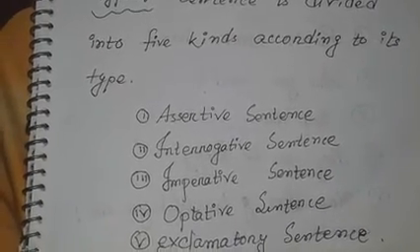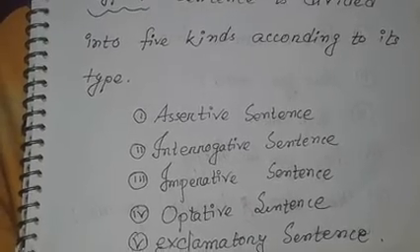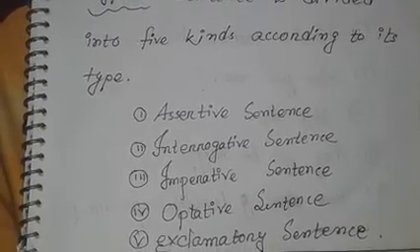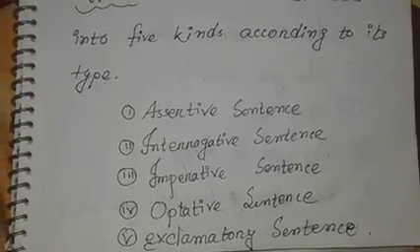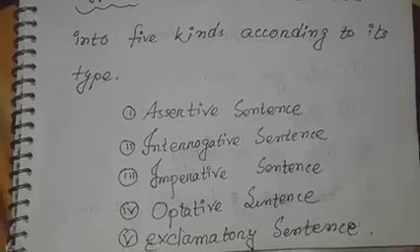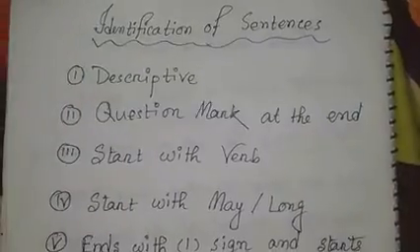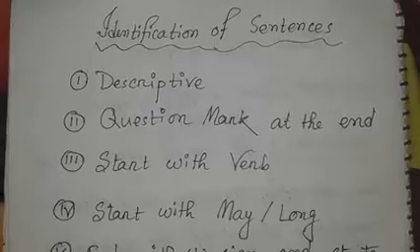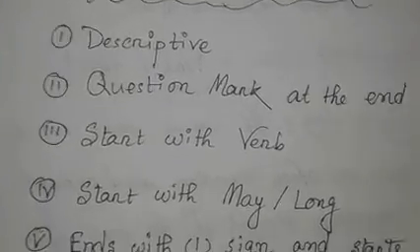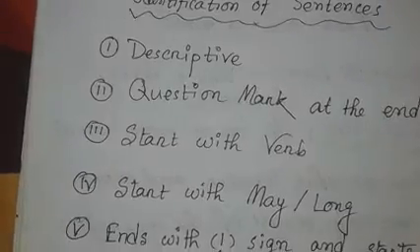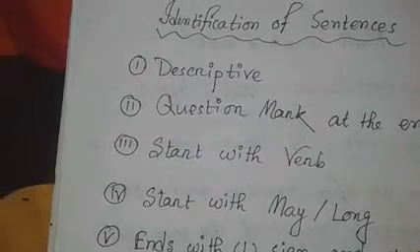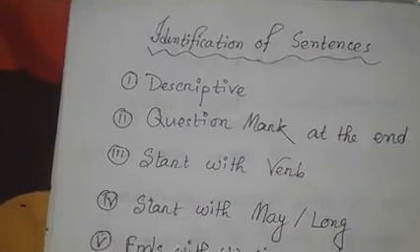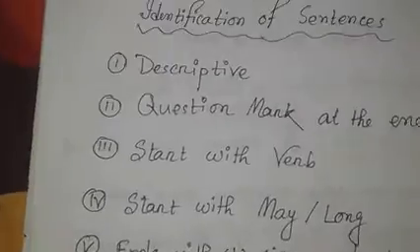If we want to identify the sentence, at first we have to discuss the assertive sentence. What is the definition of an assertive sentence? Assertive sentence is also called descriptive sentence. Descriptive means the assertive sentence describes a thing, an event, or many things.